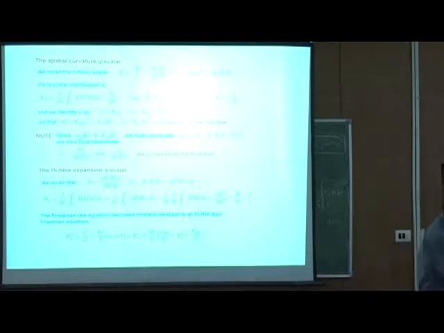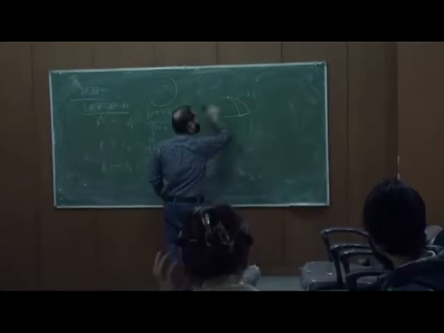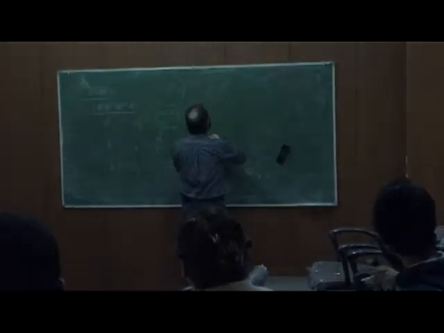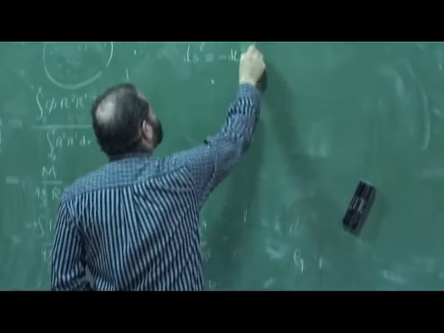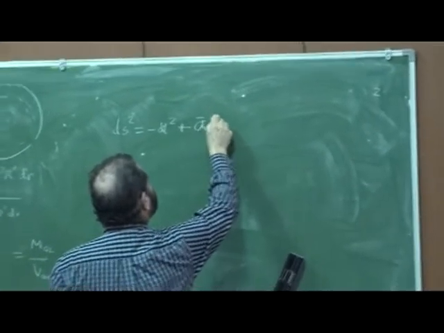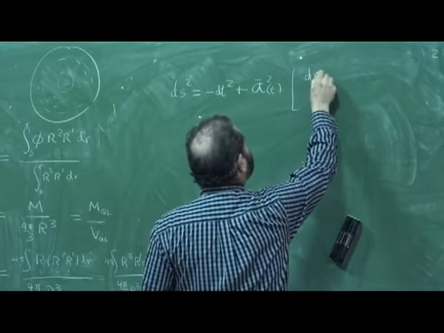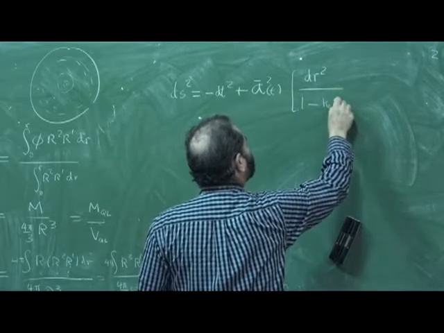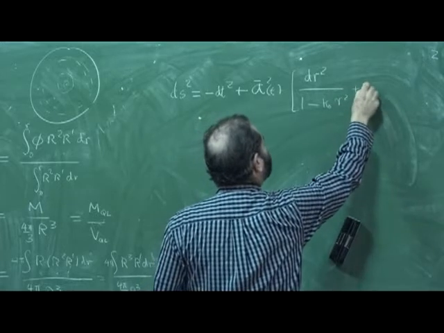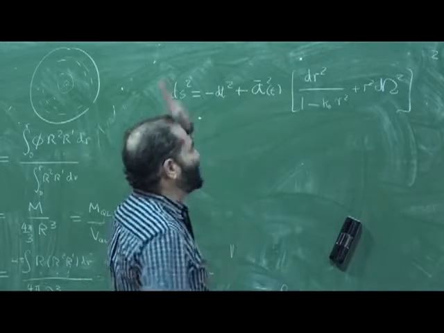Now, notice also something else, which I think is another important thing. Suppose we are in a Friedman-Robertson-Walker model. So the metric is like this. This depends on time. Okay, this is the FLRW metric.